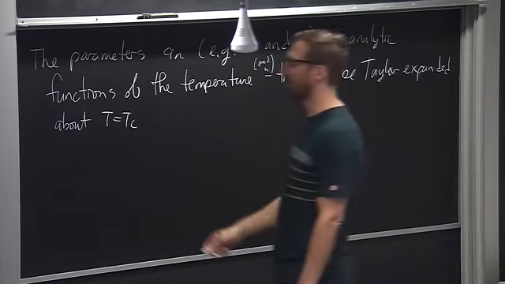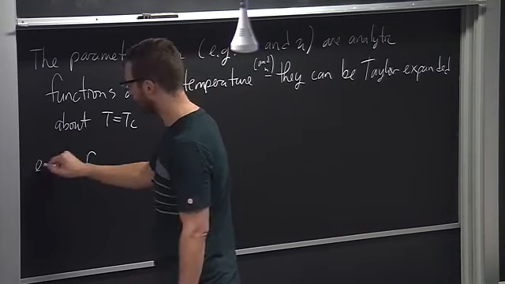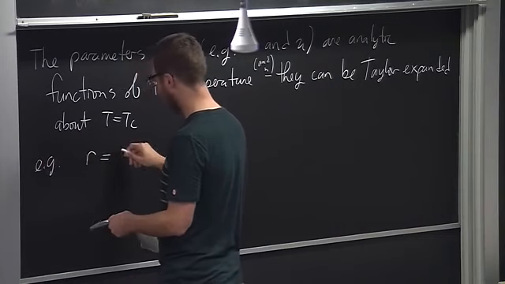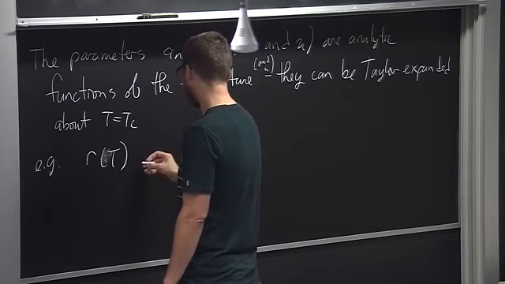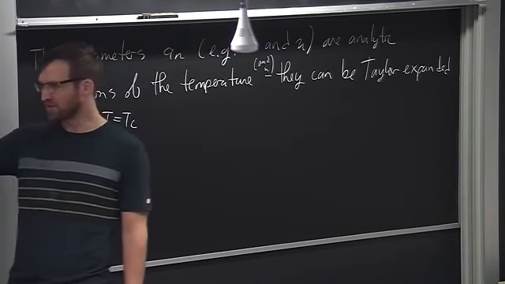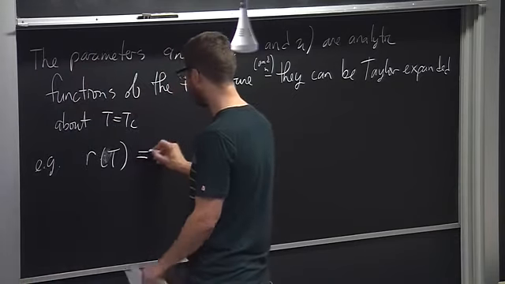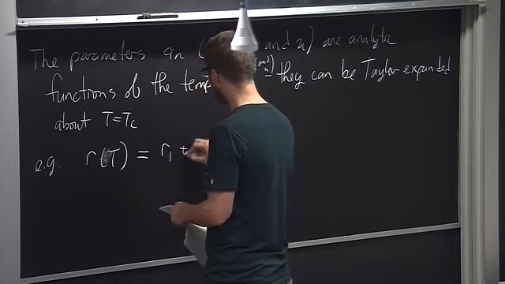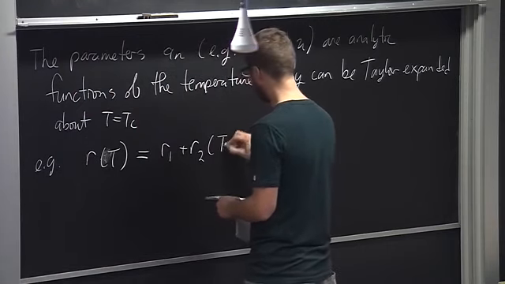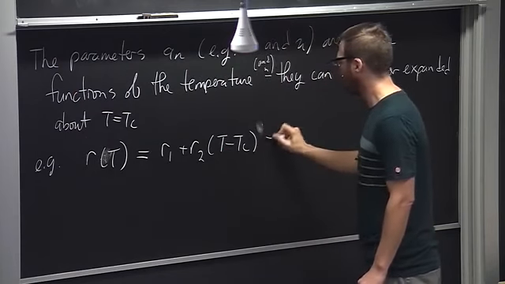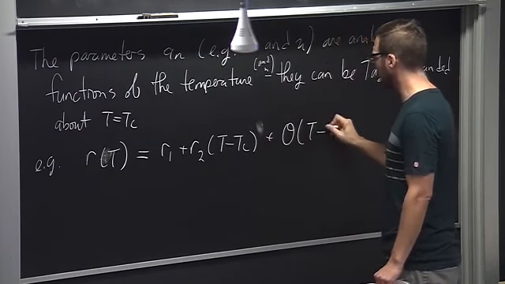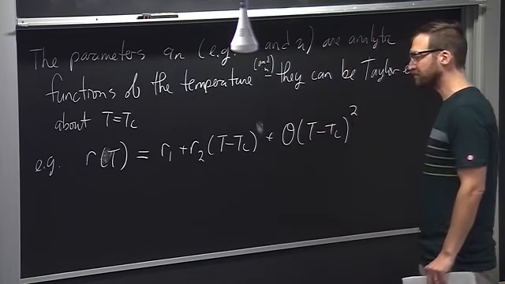And so these parameters, like say R, it's a function of temperature in this case. Let me parametrize the phase transition with the temperature. So some constant, some term that's T minus Tc, then plus higher order terms, T minus Tc squared.